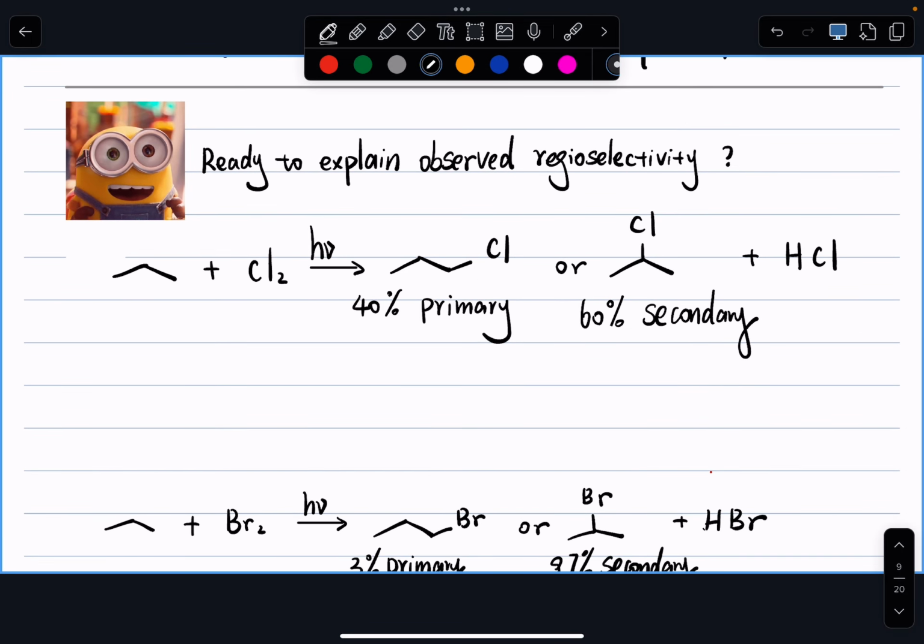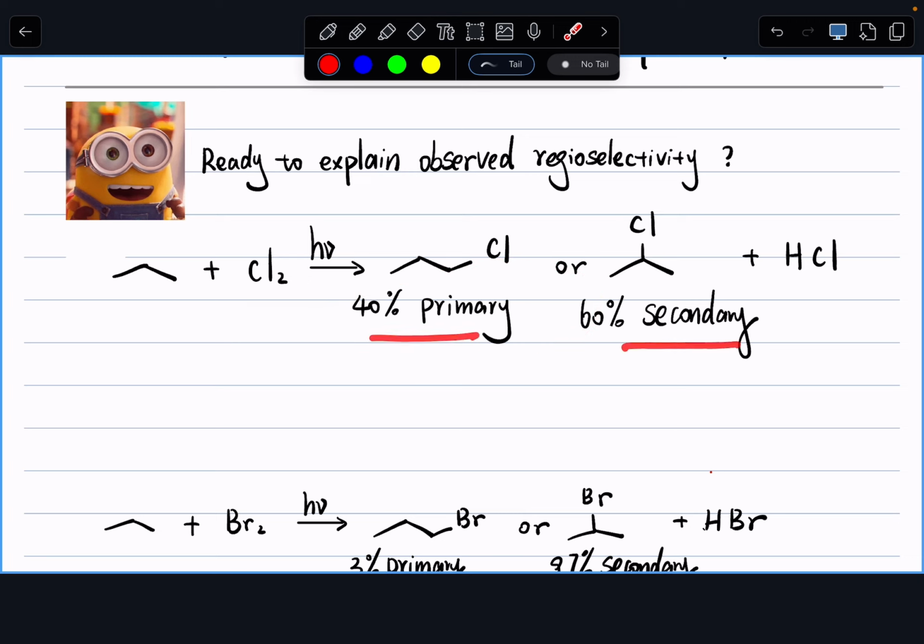Let's try it out. So put it into our experimental observation, and just roughly say like 40% primary, 60% secondary. What do we have? We have 6 primary hydrogens, and we have 2 secondary hydrogens.